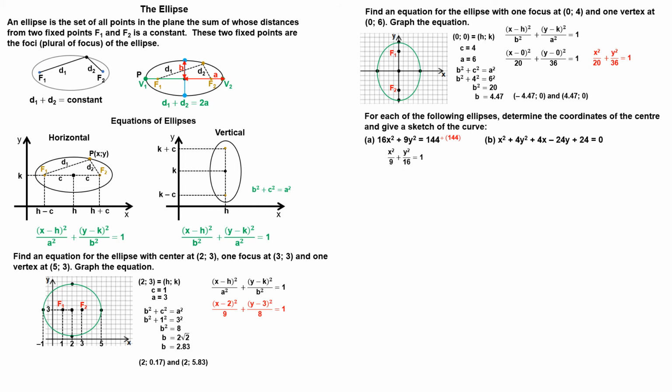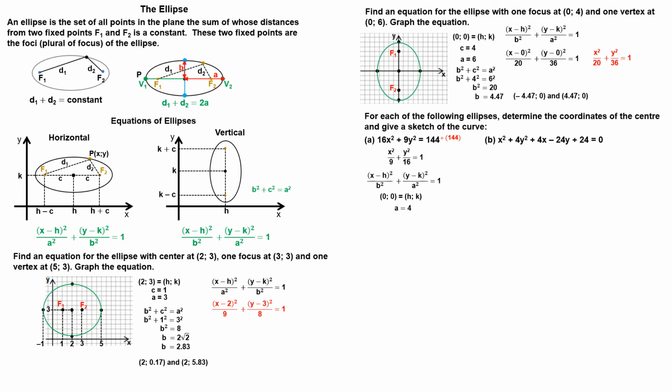The larger denominator is 16, and we should remember that the vertices lie on the major axis. Since the larger denominator 16 is in the y-squared term, this is the equation of an ellipse with center at the origin and major axis along the y-axis. This is a vertical ellipse.